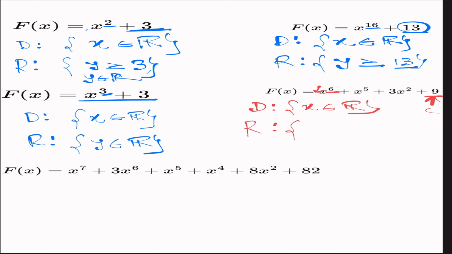So y is either 9 or more than 9, it cannot be less than 9.